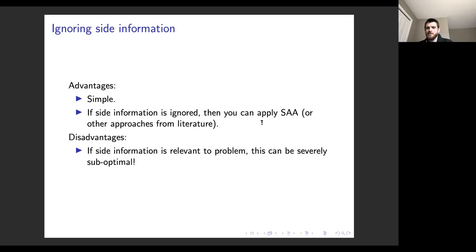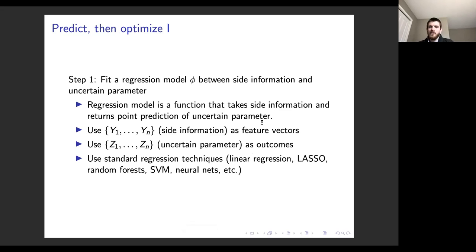Of course, it has a big disadvantage, which is that you're not using the side information. So if your side information is actually relevant to the problem, that's severely suboptimal compared to using the side information, because the side information can improve your decisions. But this is one thing that people have done. Another thing that people have done is something called predict, then optimize.